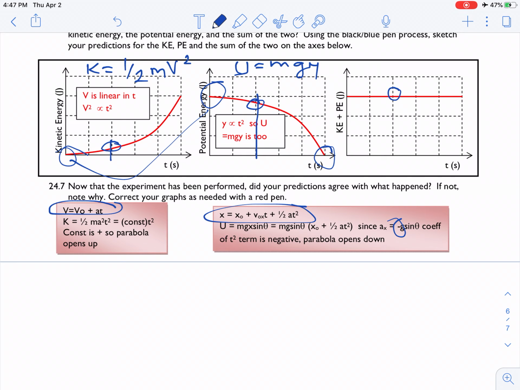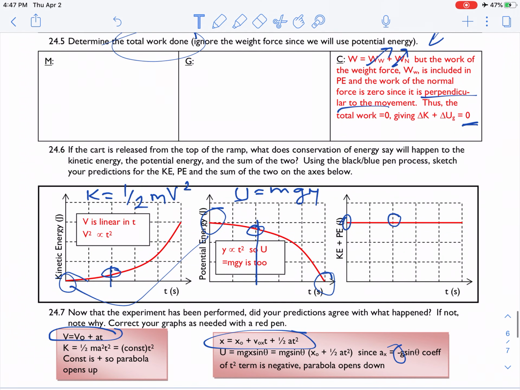Again, at any point you choose, you get the same value when you add up kinetic and potential. And it is because of this equation here. So we're proving that when you add up change in kinetic and change in gravitational potential, it should give you no change. That means K plus UG should be a constant number. Okay, so that's what we see. It's constant. You see that line?